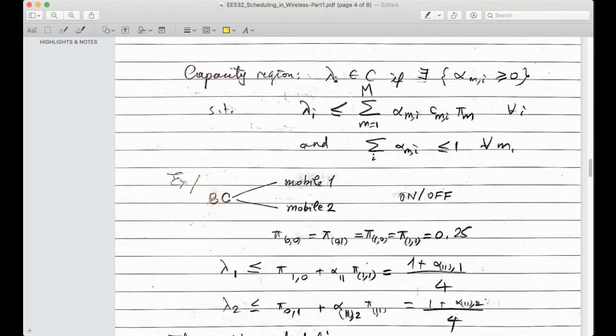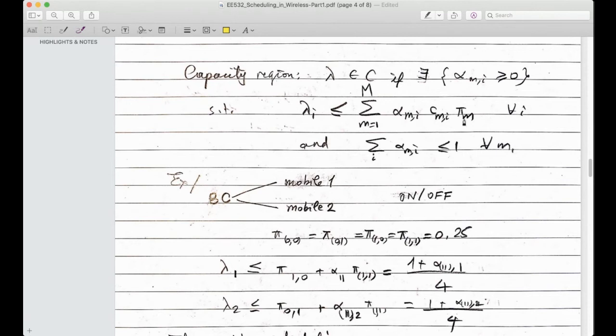A rate vector lambda is inside the capacity region if there exists some set of fractions alpha_mi, different from zero, such that the ith component of the arrival rate vector is not bigger than the summation over all states m of alpha_mi times c_mi times pi_m.